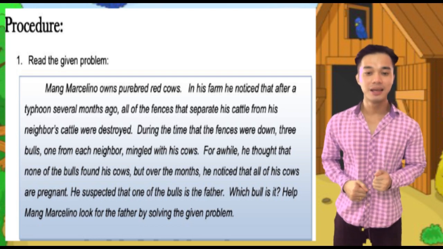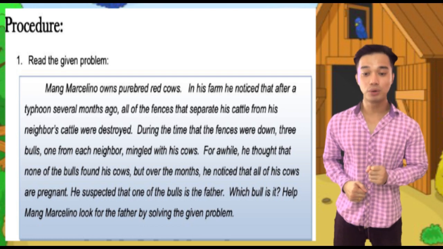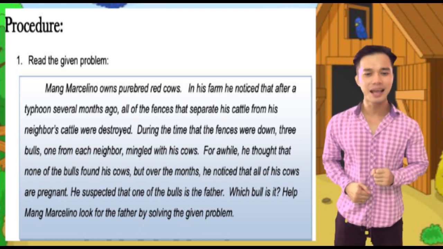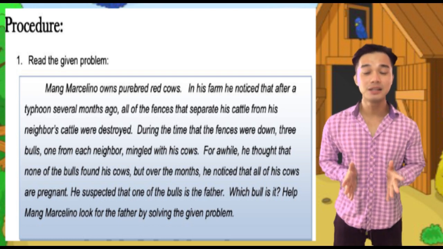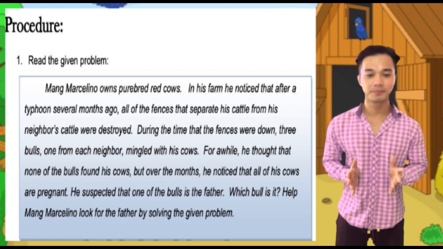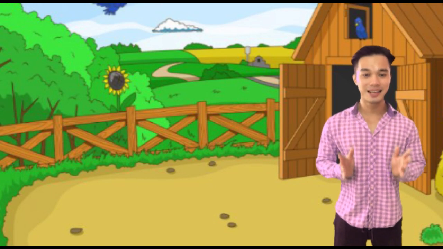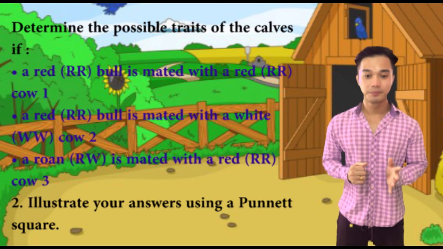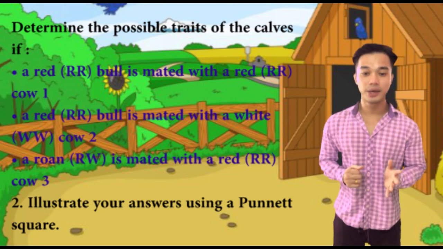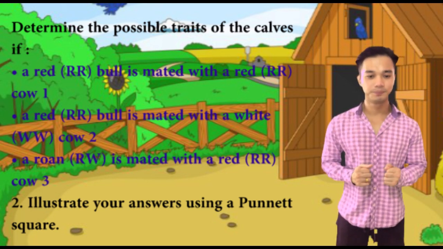He suspected that one of the bulls is the father. Which bull is it? Now let us help Mang Marcelino look for the father by solving the given problem. Now here is the situation. A red bull is mated with a red cow.